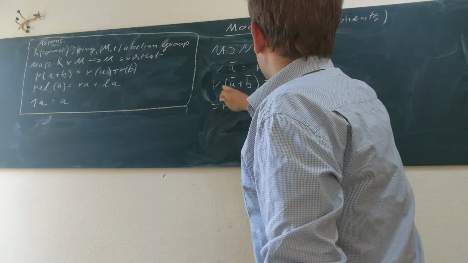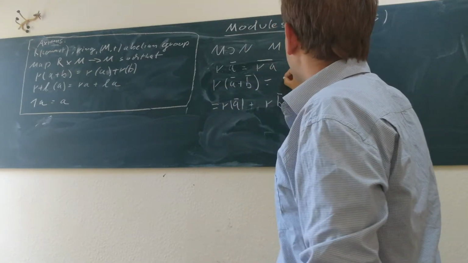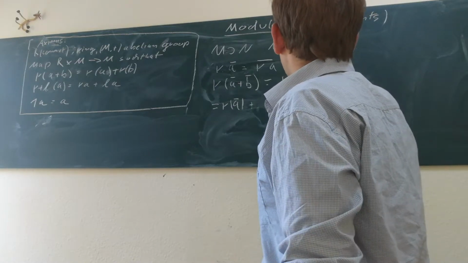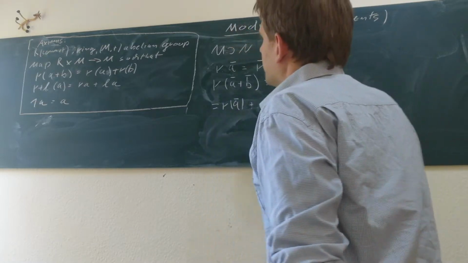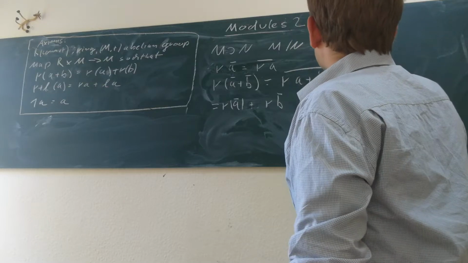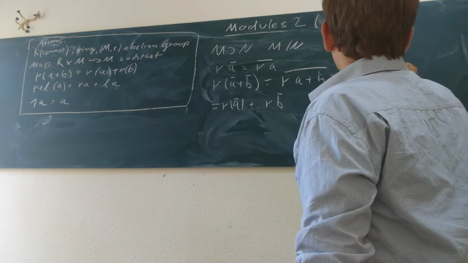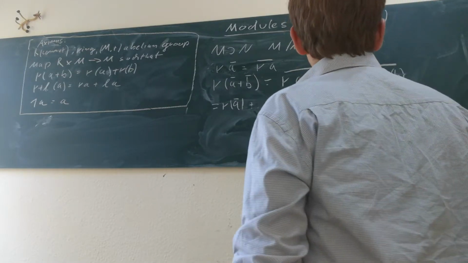So we need to get from here to here. So this is by definition R times A plus B bar. Now, using this axiom, we can say this is the same as R times A plus R times B bar.